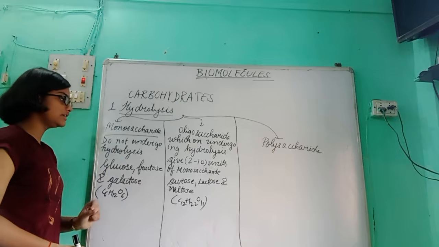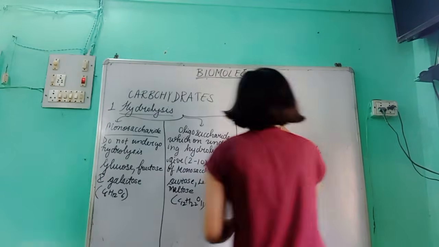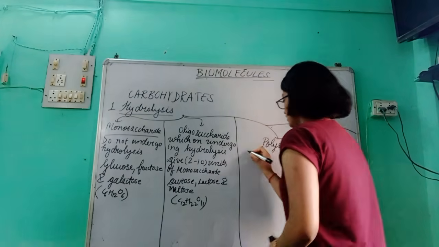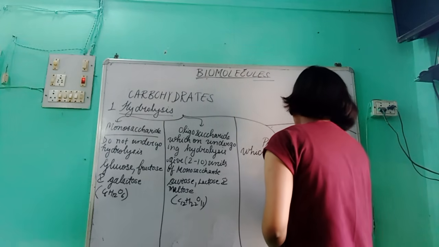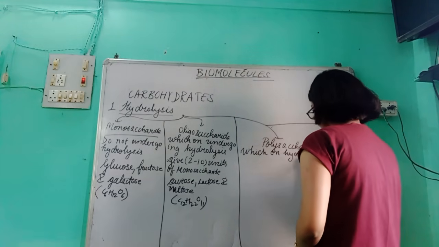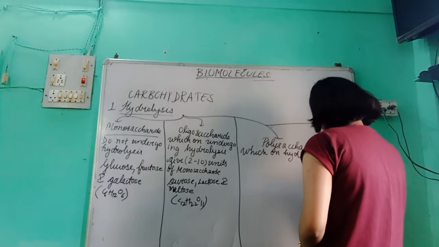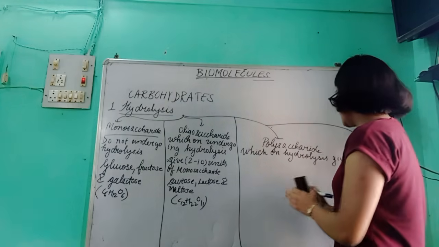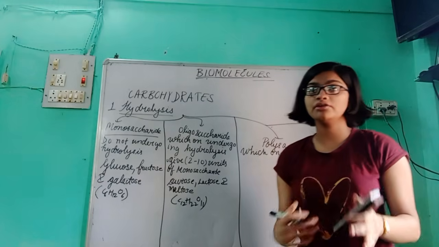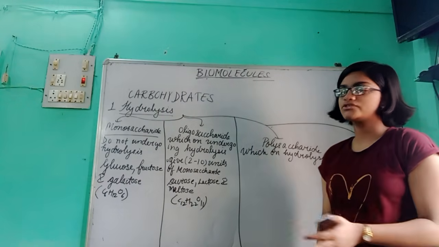Moving on to our polysaccharides. They are the ones which on hydrolysis give more than 2 to 10 units of monosaccharides. So, polysaccharides are those which on undergoing hydrolysis give more than 2 to 10 units of monosaccharides.